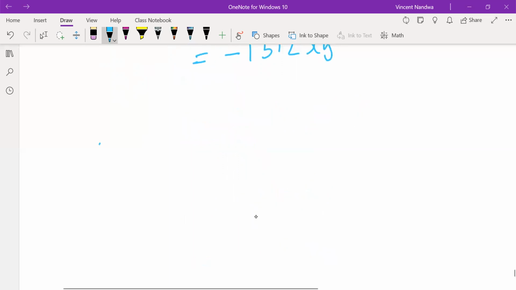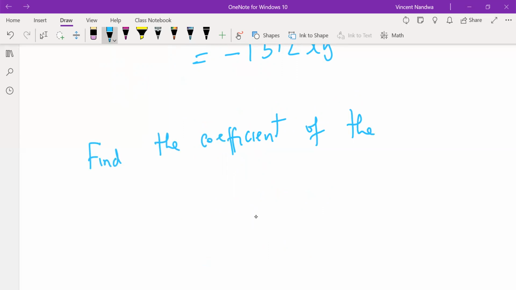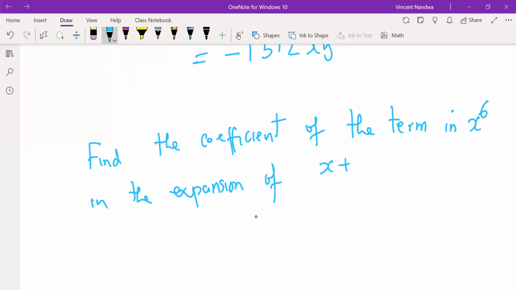And number 3: find the coefficient of the term in x^6 in the expansion of (x + 2y)^9.